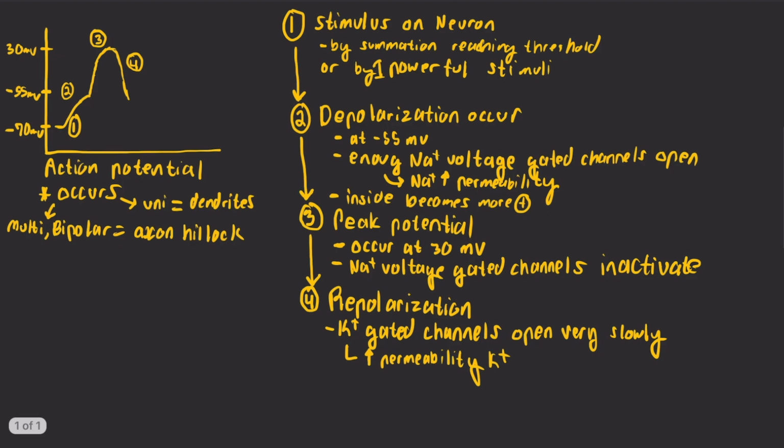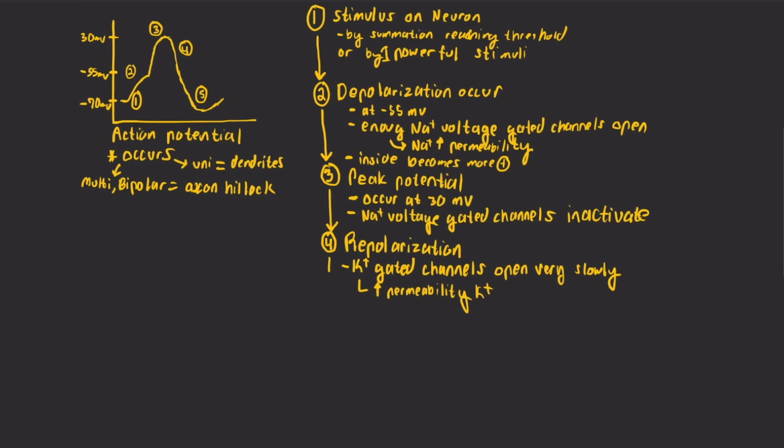Now that repolarization has taken place, this will also then result in hyperpolarization. So it's actually going to go a little bit below the resting membrane potential of negative 70 millivolts. So that would be step 5. Hyperpolarization.